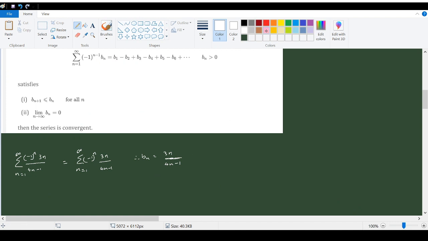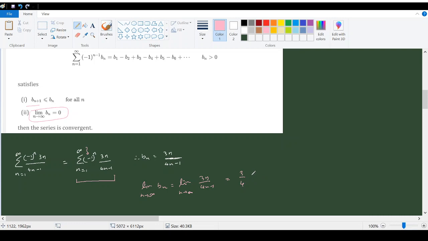Now let's consider this example. You can see that it is an alternating series because of this term. Therefore bn will be equal to this one. Instead of checking this one first, let's see about this condition, whether that is true. For that we will need the limit of bn, which is equal to the limit of 3n over 4n minus 1, and that will be equal to 3 over 4.